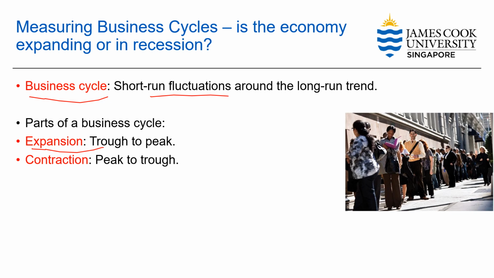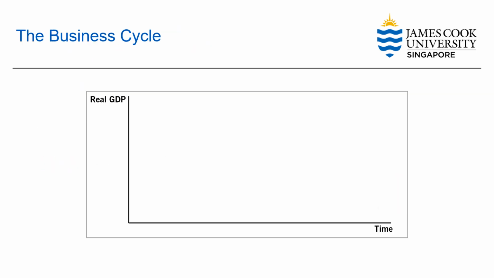Later, I'm going to show the graph. And then in some other sections, the real GDP per capita is becoming less, indicating our economy has been in contraction. Now, let's look at a diagram to find out the expansion and contraction.